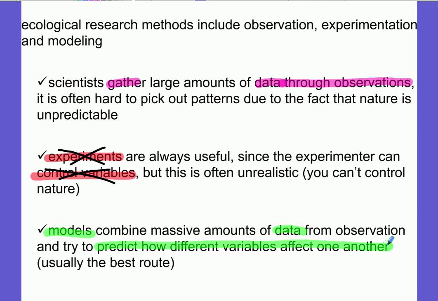So if you collect a bunch of data and then start comparing different places, you can start to eliminate variables as far as knowing exactly what caused whatever it is you're trying to figure out. But it takes tons and tons of data, and you have to have lots of different places that are similar so that you can work with it. So it's tough to do, but it's the best thing that we can do.